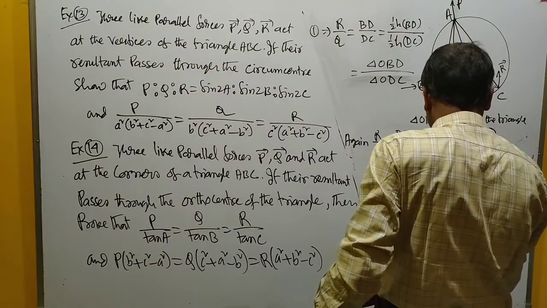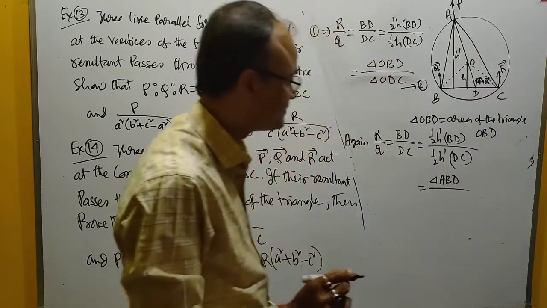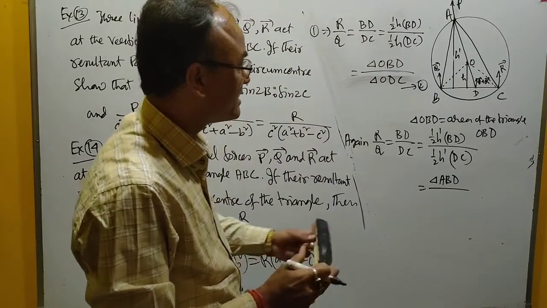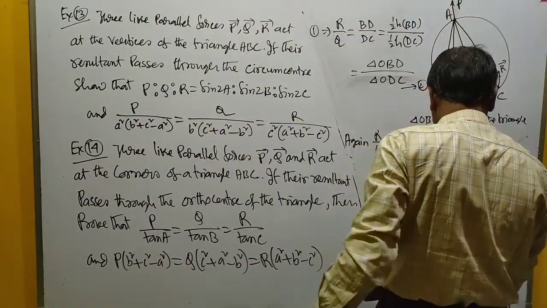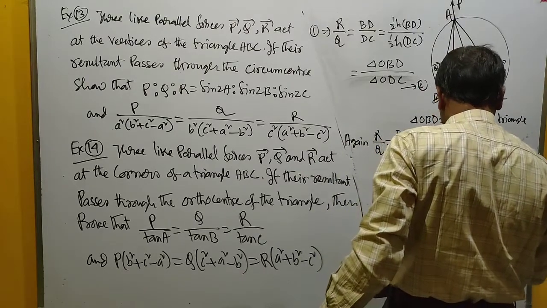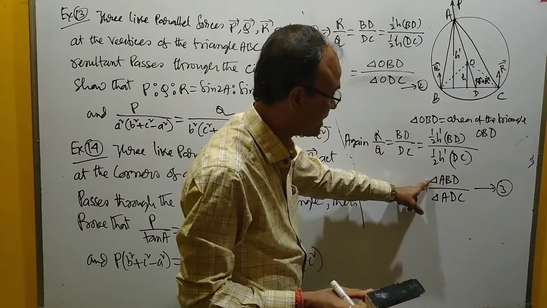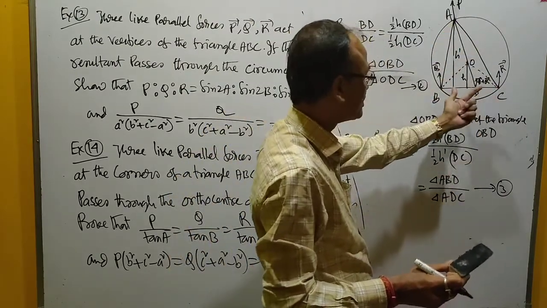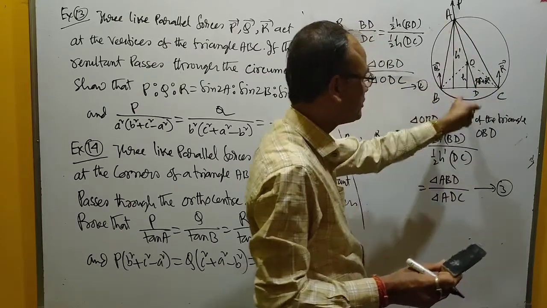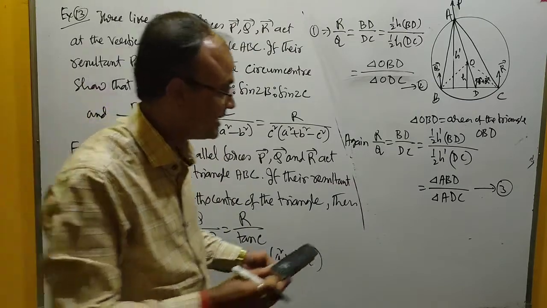This is equal to the area of the triangle ABD over half of H dash into DC, the area of the triangle ADC. Suppose this is number 3. It means that for the area of the triangle ABD and ADC, half base into altitude, half into base DC, altitude is H dash.